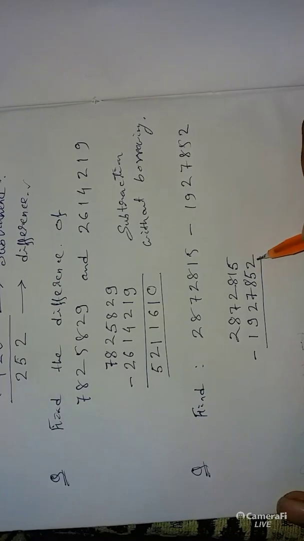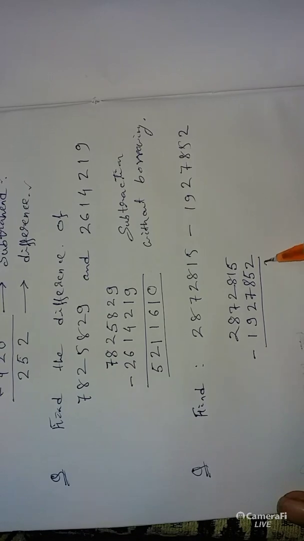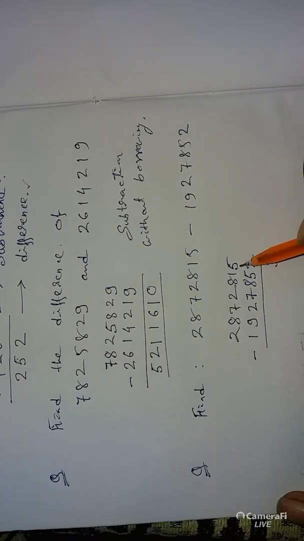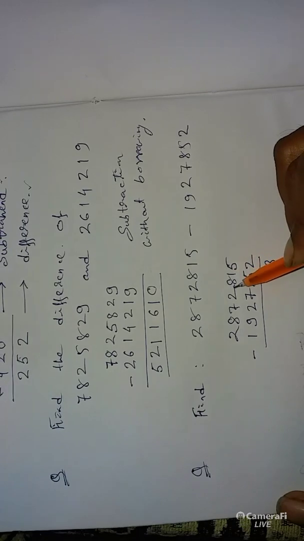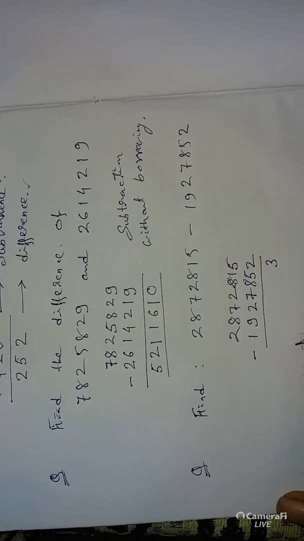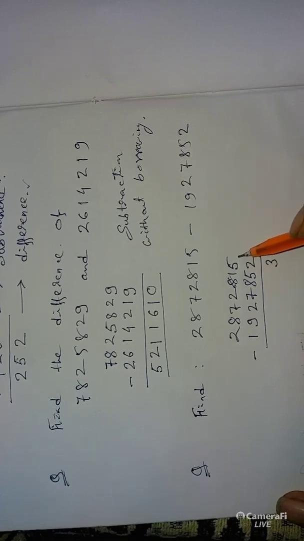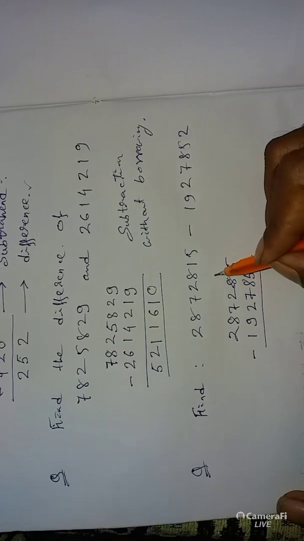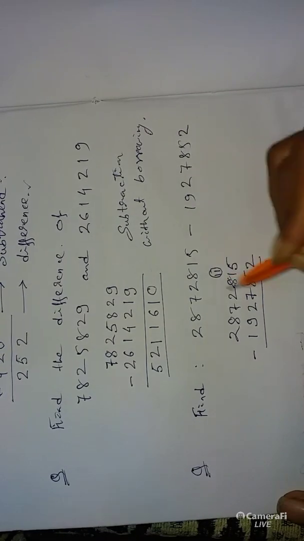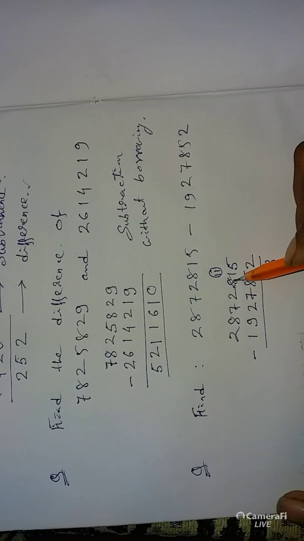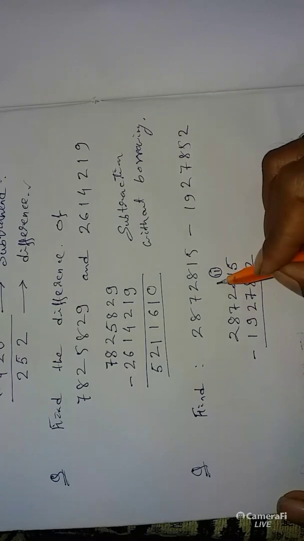So 5 minus 2, 5 is larger than 2, so 5 minus 2 becomes 3. But 1 minus 5, 1 is less than 5, we cannot subtract. For this one we will borrow 1 from here and we will write 1 as 11. 1 borrowed from here, so it becomes 7.